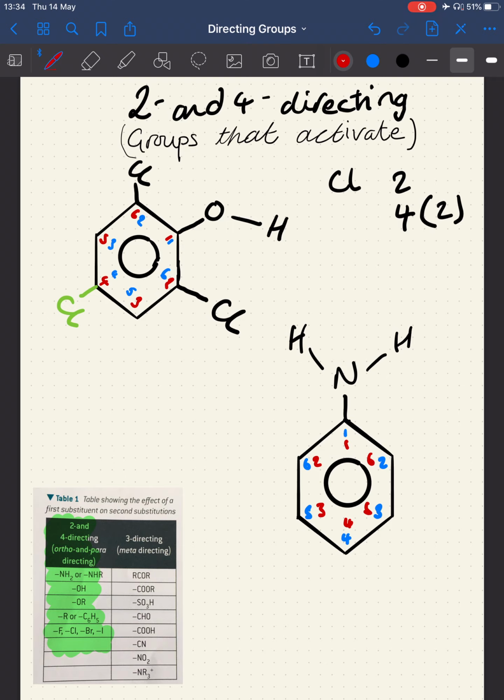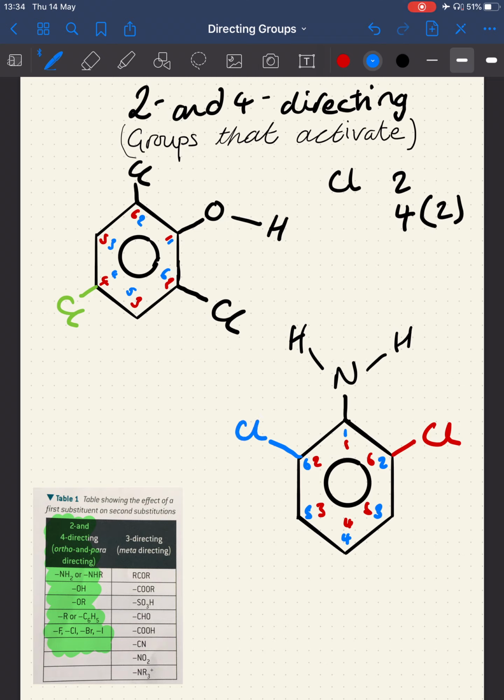Again, looking at position 2, could substitute a chlorine there, or position 2, substitute a chlorine there.